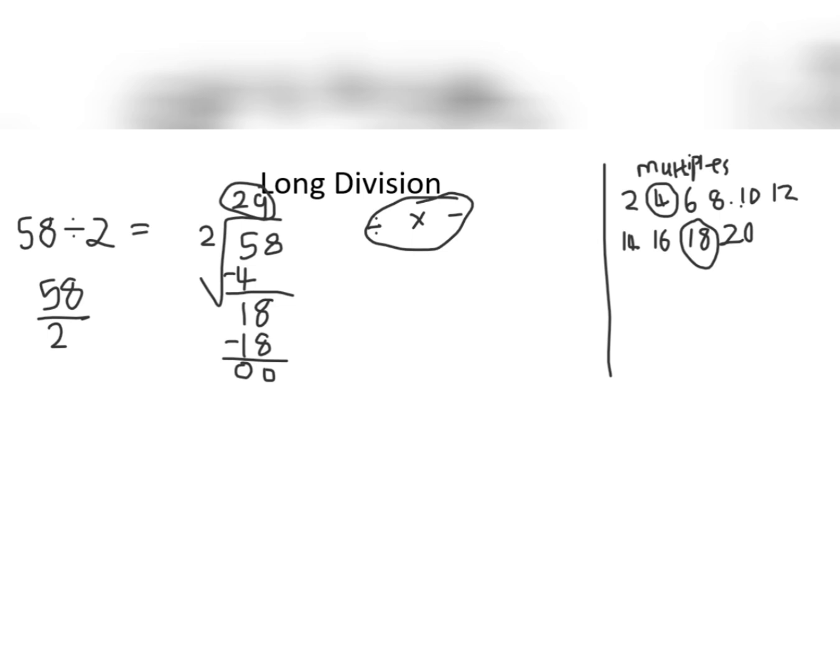Now here, this 2 is called the divisor. This 29 is called the quotient. The answer is called the quotient.